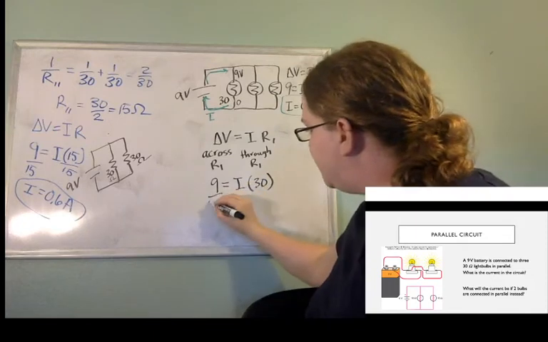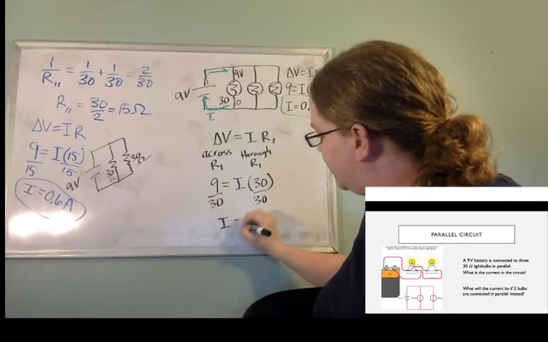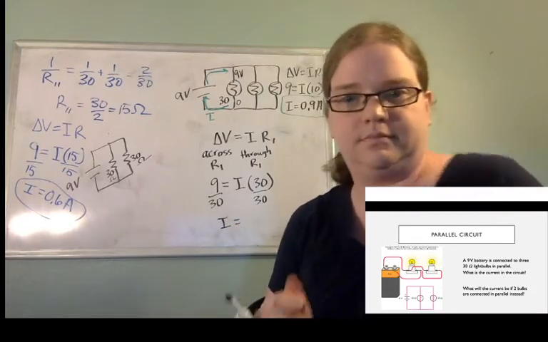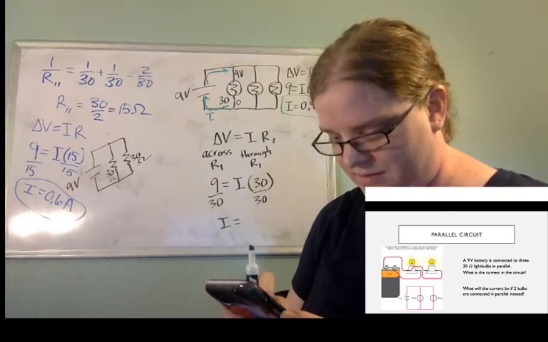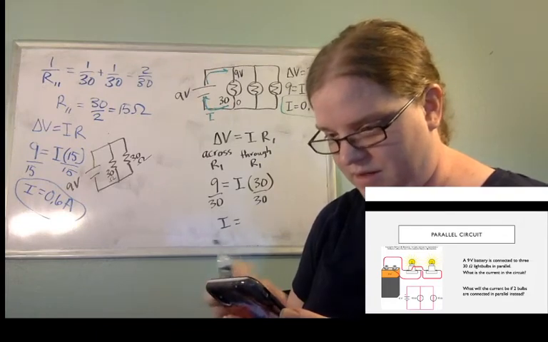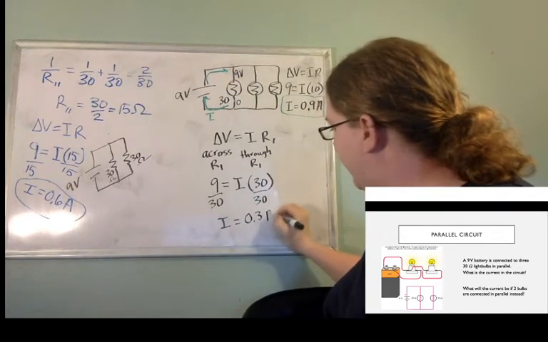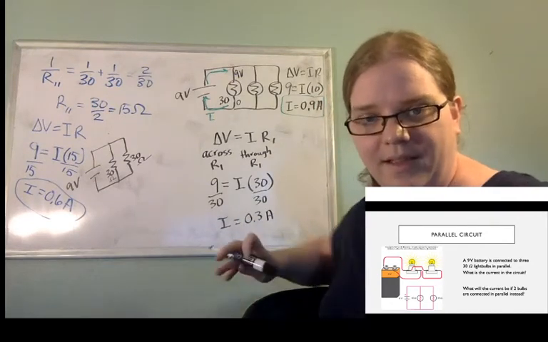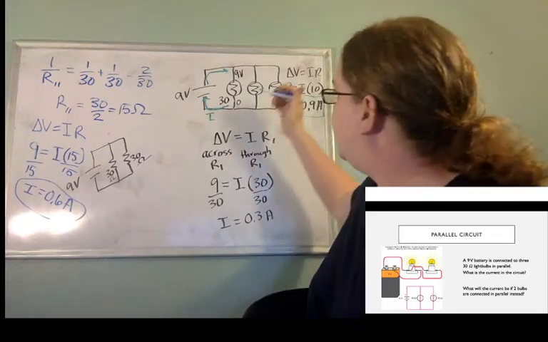If I divide both sides by 30, I get 0.3 amps.